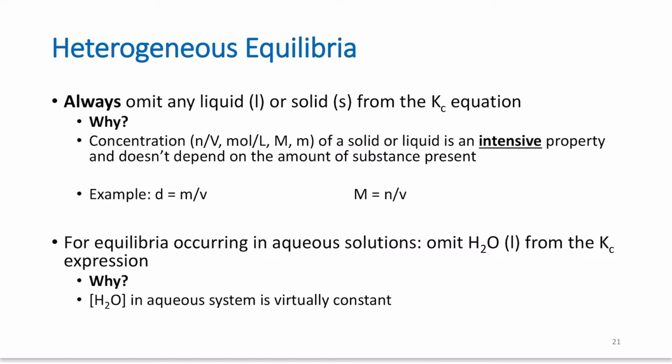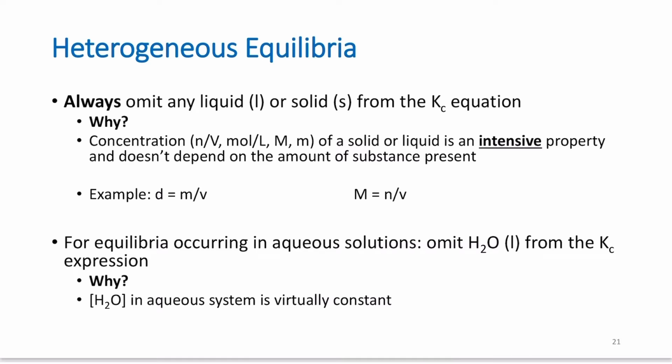If I have less of it, it weighs less and takes up less space. It's intrinsic. Concentration for gases and aqueous systems is not intrinsic and is always included in the K expression. But if you have a solid or a liquid, we ignore them.